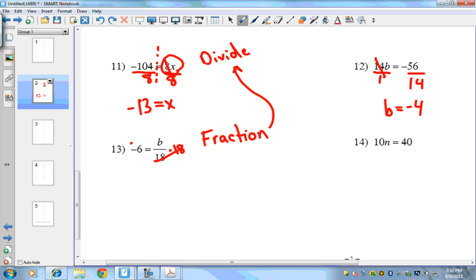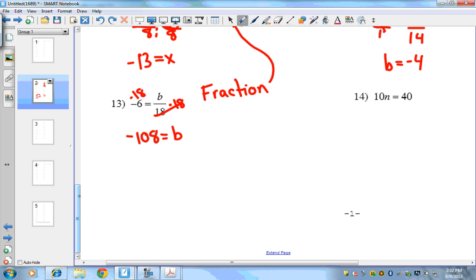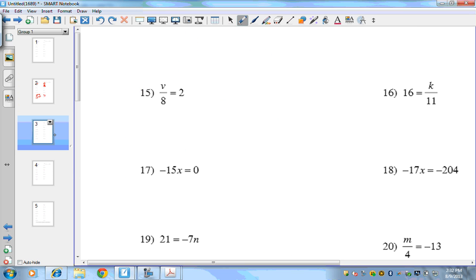So I would multiply by 18 on this side to cancel it out, and then I'd multiply negative 6 times 18 on the left-hand side, and I would get negative 108. And there's my answer.